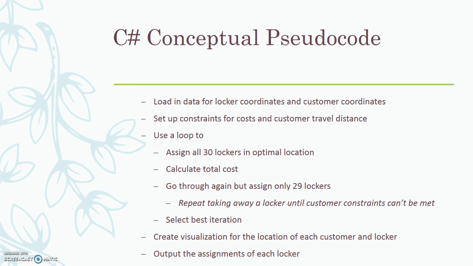You have to set up constraints for costs and customer travel distance, and then use a loop to assign all 30 lockers in optimal locations, calculate the total cost, and then go through again but assign only 29 lockers. Repeat this by taking away a locker until customer constraints can't be met. Then you select the best iteration, create a visualization for the location of each customer and locker, and output the assignments of each locker.